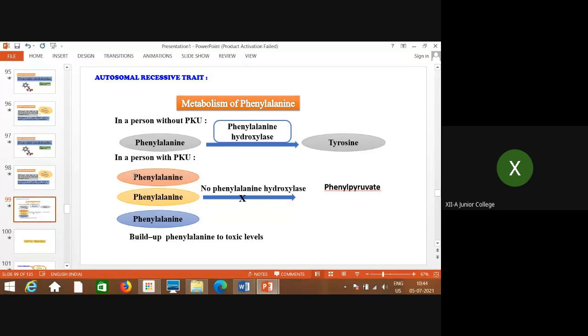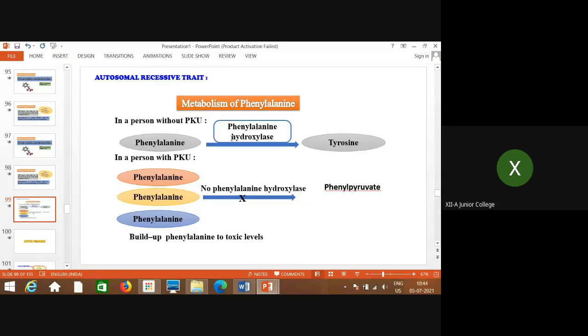But in the person having PKU, the PAH, that means the phenylalanine hydroxylase enzyme, cannot be produced, and because of this, tyrosine is not produced. But what is produced instead is phenylpyruvate, and that builds up phenylalanine to toxic levels.